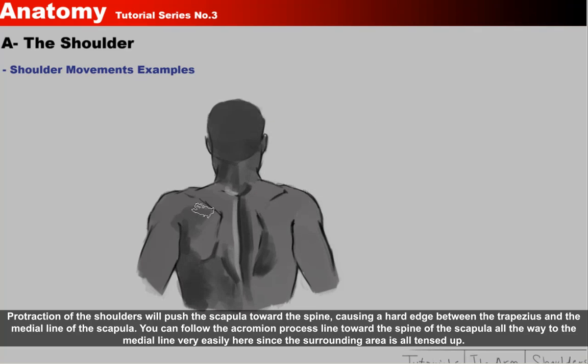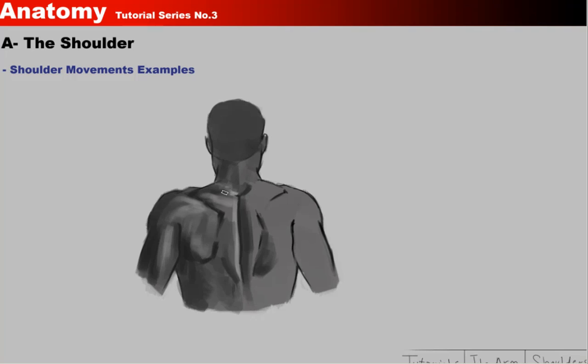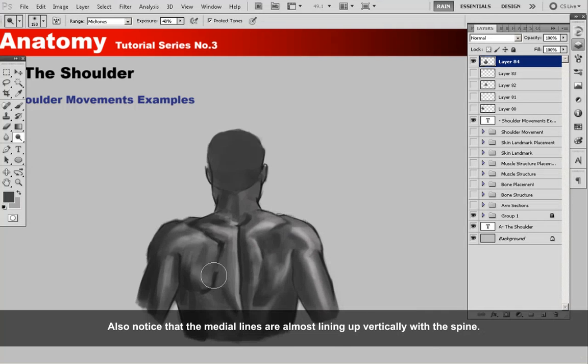As you can see, you can follow the acromion process to the spine, to the medial line, as one long path between the acromion process and the corner of the scapula. You can see the line very clearly because the whole area is tensed up.